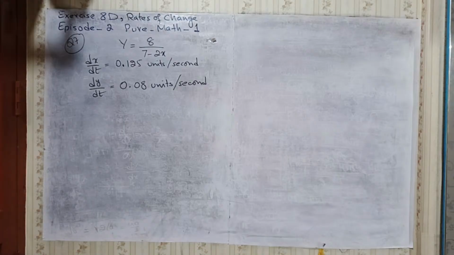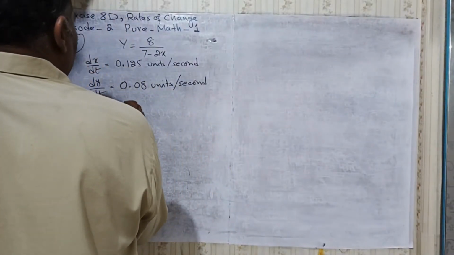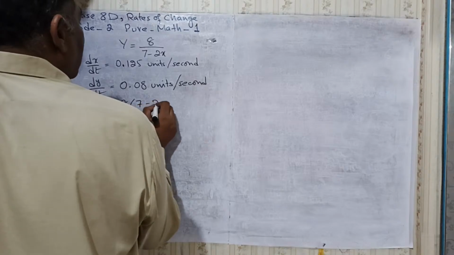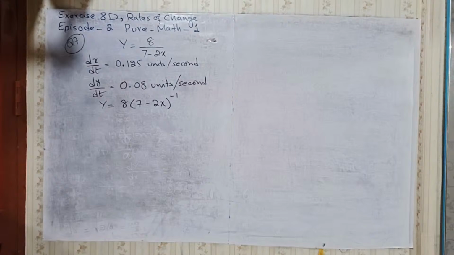Okay, now I will take the y and I will derivate it. You know the y is equals to 8 into 7 minus 2x raised to power minus 1. I wrote it in a friendlier shape, so I can derivate it.